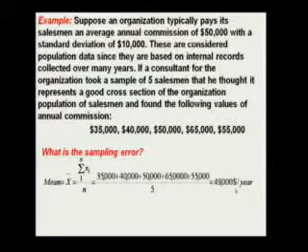Now, since we already know that the average annual commission should be 50,000, we anticipate it to be 50,000, then as soon as we see the 49,000, we should know that there is some kind of sampling error, okay? Because we know that the consultant has taken a good, representative sample, but no sample is perfect.